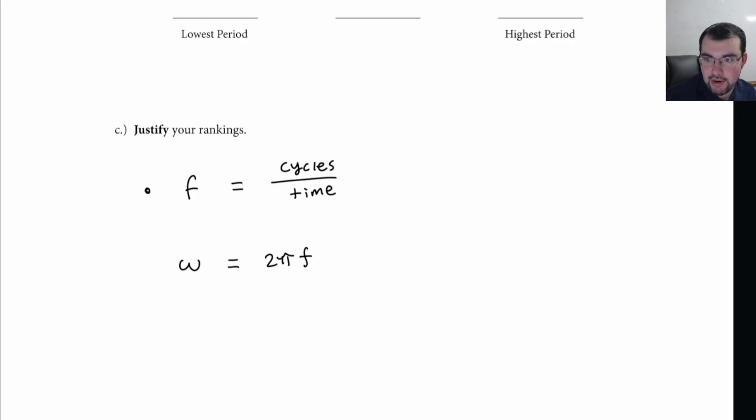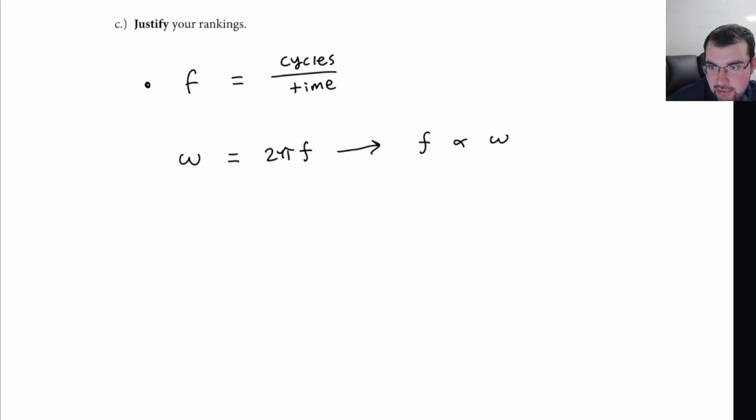And why is that? Well, if f is how many cycles you're doing per second, if I multiply 2 pi by the amount of cycles per second, I'm getting radians per second. So that's some motivation there. So we see that this means, reasonably so, that frequency and angular frequency are proportional. One is just about cycles, one is about radians.